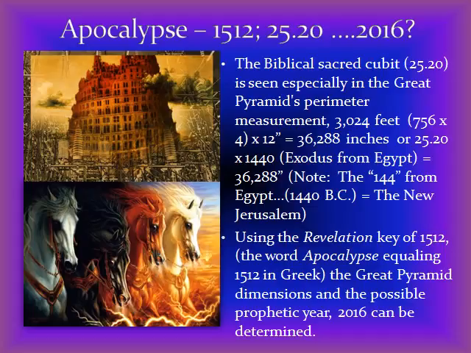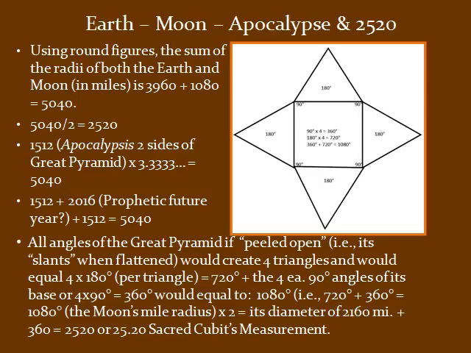Using the revelation key of 1512, the word apocalypse equaling 1512 in Greek, the Great Pyramid's dimensions, and the possible prophetic year 2016 can be determined. Now the Earth, the Moon, and the Apocalypse, and 2520 of the sacred cubit and its relationship to the Great Pyramid.